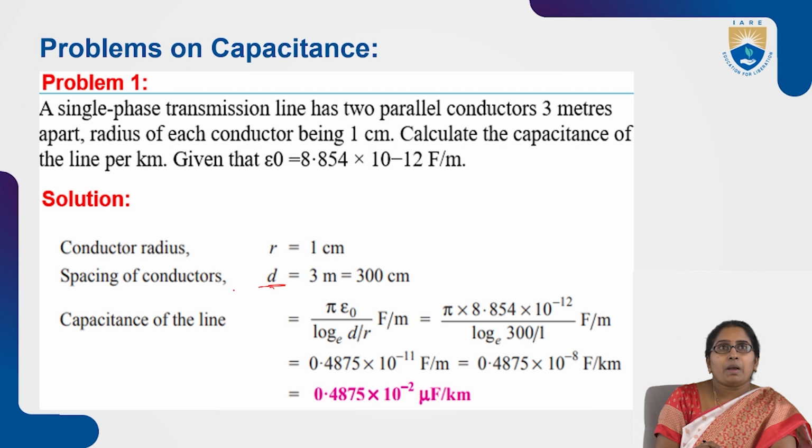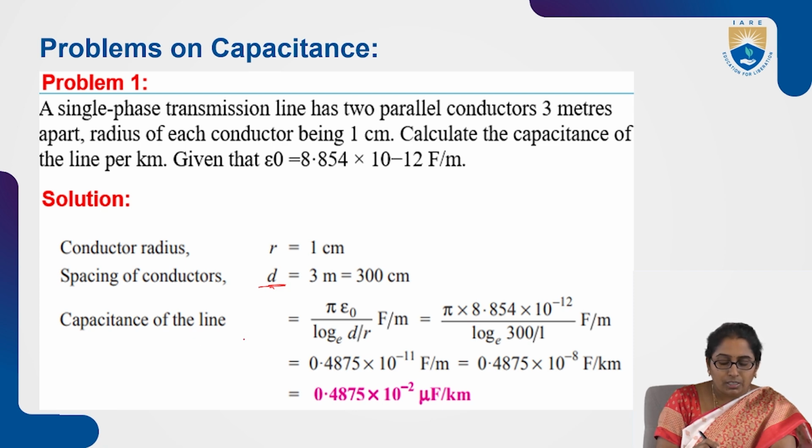So radius of the conductor is given 1 centimeter. Calculate the capacitance of the line. In the previous 2-3 lectures, we have seen the capacitance expression. For the total line, it is given by the capacitance between the two conductors.